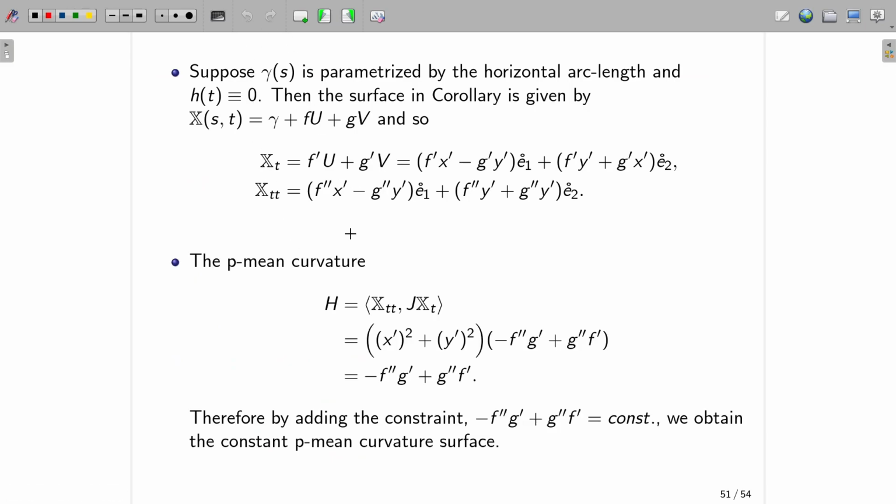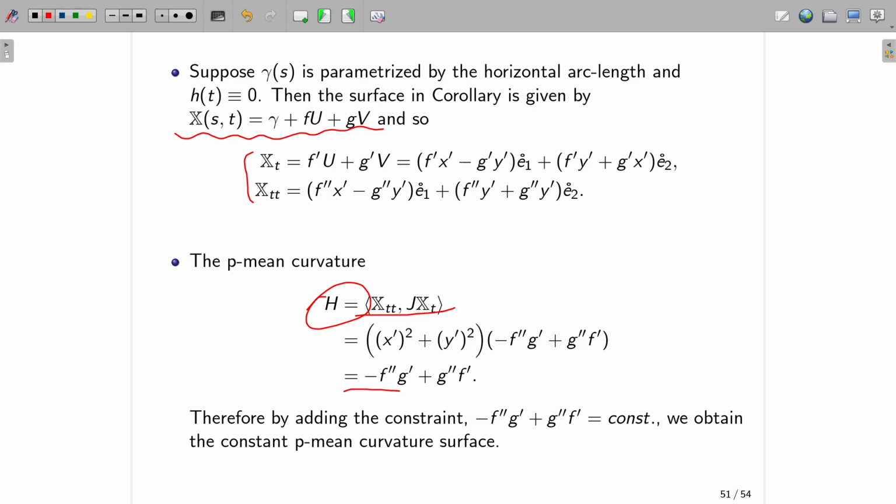So we can really calculate the P mean curvature if we have the parameterized surface like this. So we really calculate this, the first derivative along t and double t. So by the previous result, we have this one.